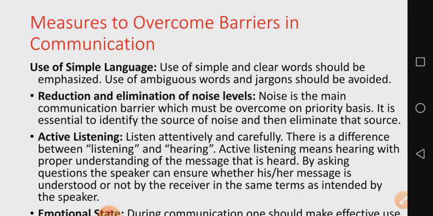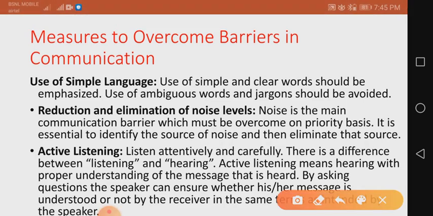Okay, the first method that we can use is the use of simple language. The language that we use to communicate with other people should be very simple and understandable.